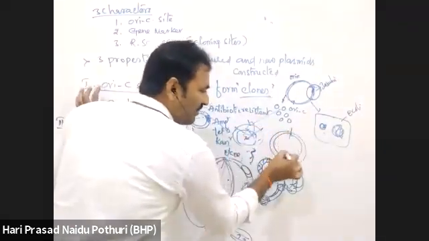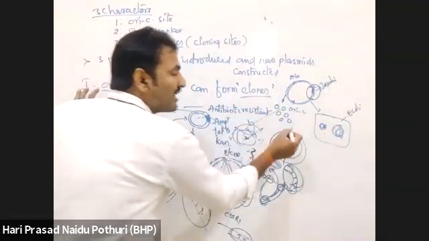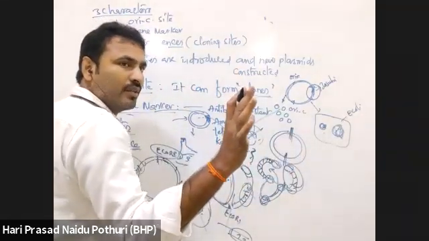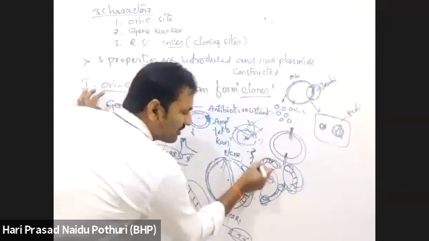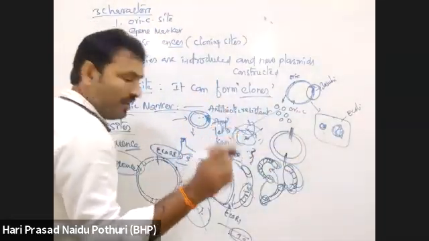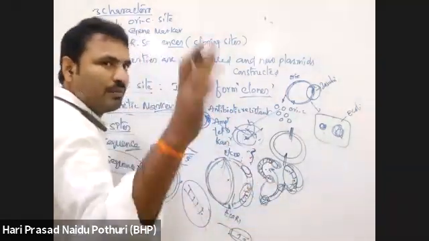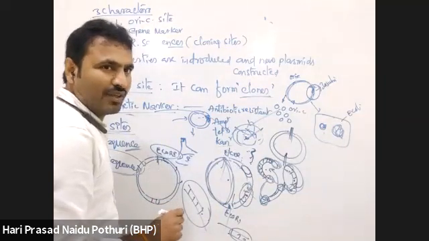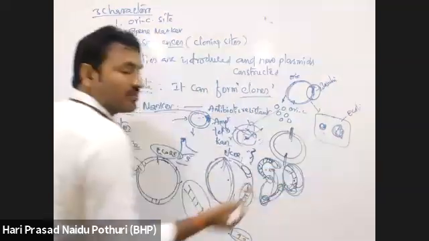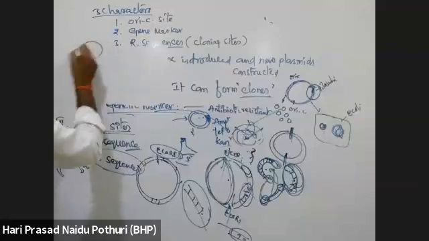When the same restriction sequence is present several times, different fragments of the plasmid are formed. So suppose this is one fragment, this is one fragment, two fragments are possible. If both fragments are joining along with this DNA, no problem, as you said. But if this is not joining with this, it is a plasmid.